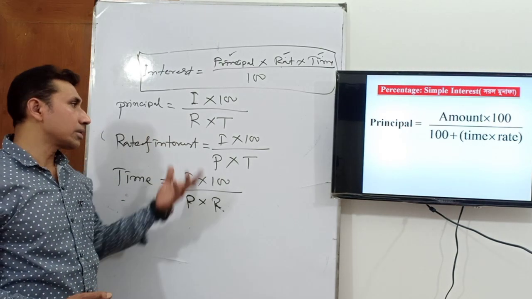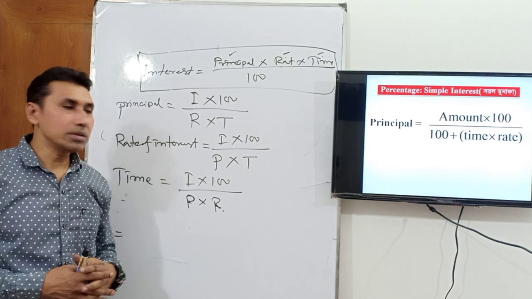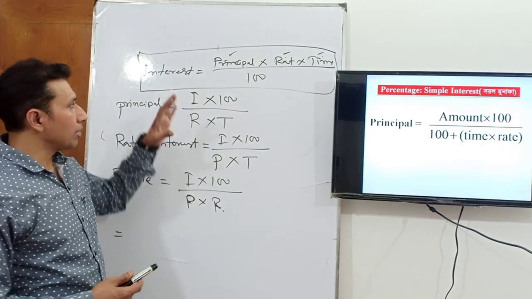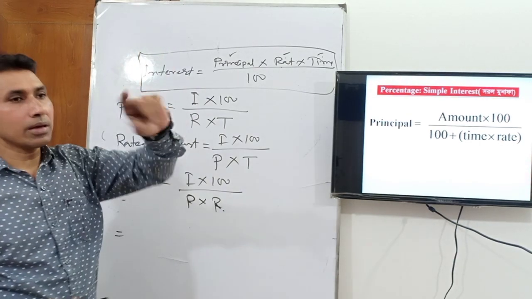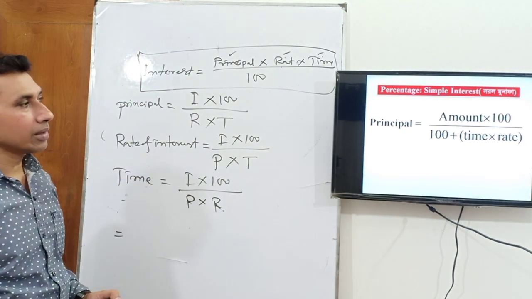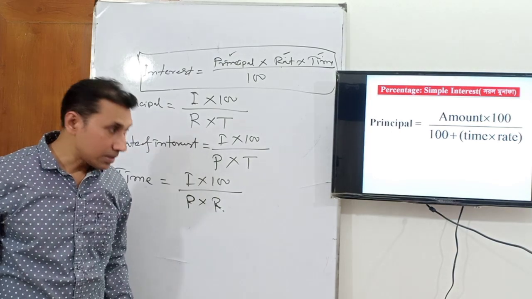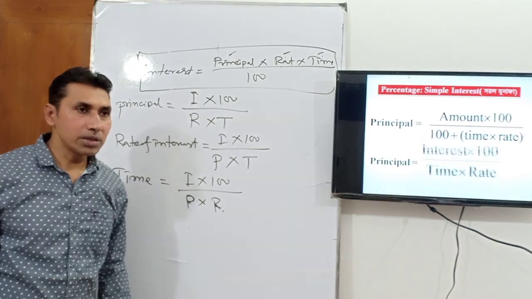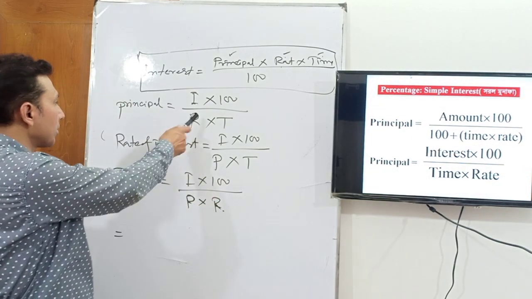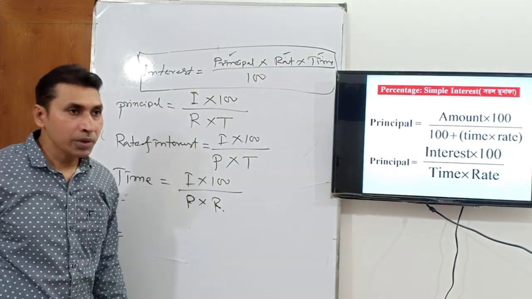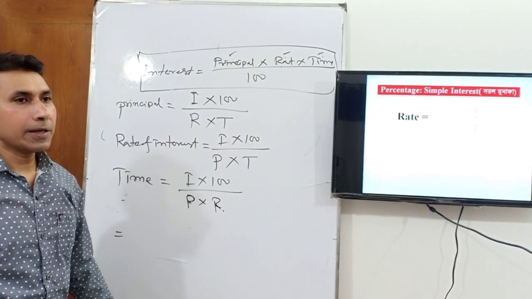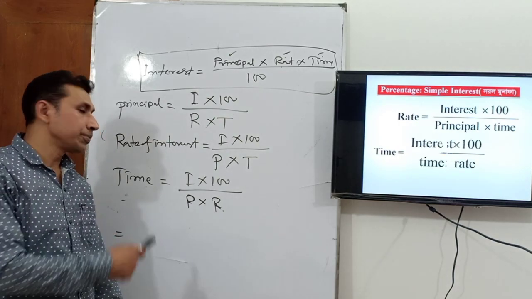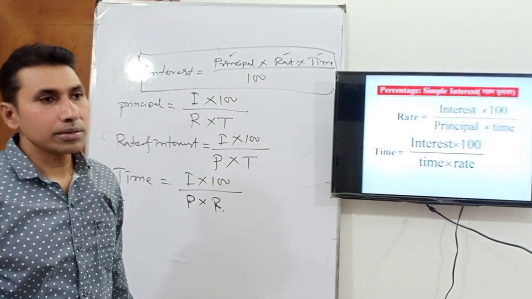Now this formula is used when the amount is included, the sum, then I must write this formula: principal equal to amount into 100 divided by 100 plus time into rate. Then principal equal to interest into 100 divided by time into rate. Then rate equal to interest into 100 divided by principal into time, and time equal to interest into 100 divided by principal into rate.